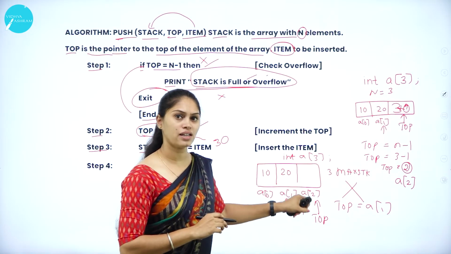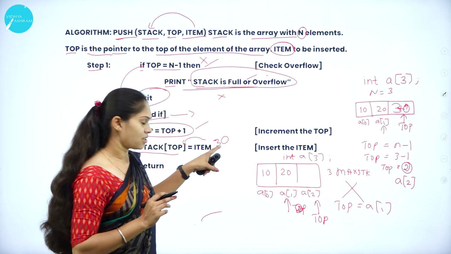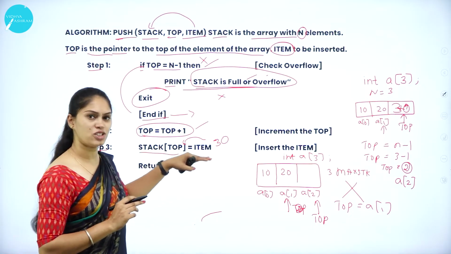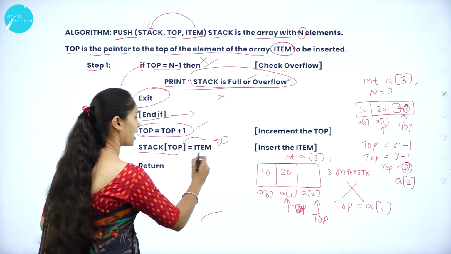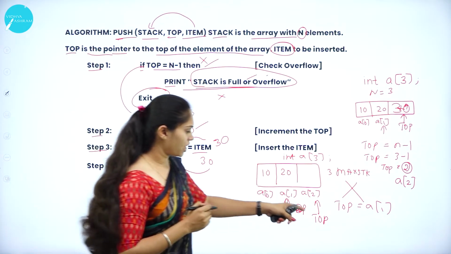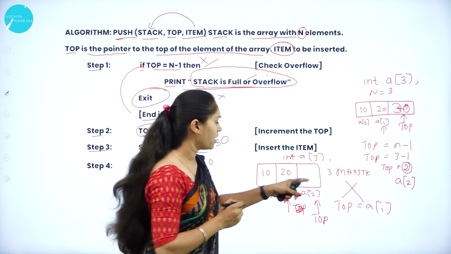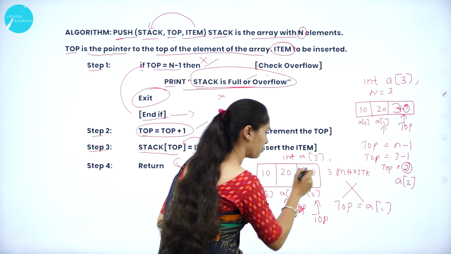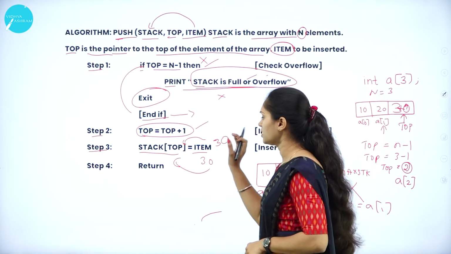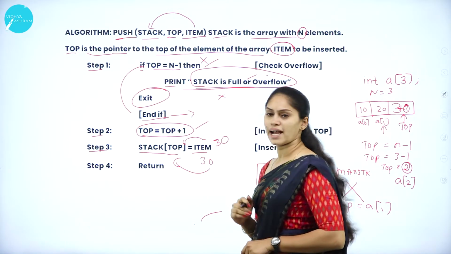The value of item is 30. Stack of top is equal to 30, in the sense I want to add a new element called 30 to the top of the stack. I am just copying the item to the stack of top.